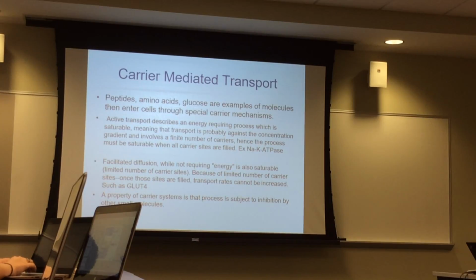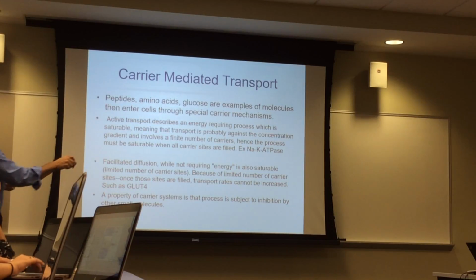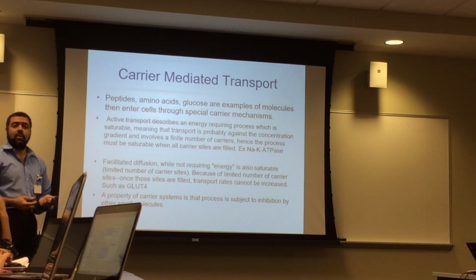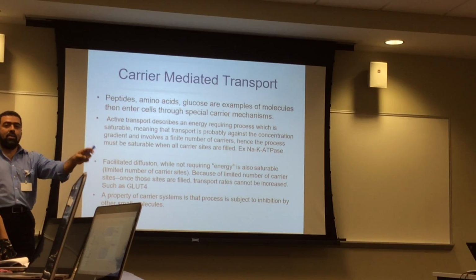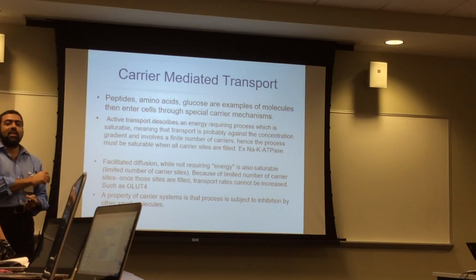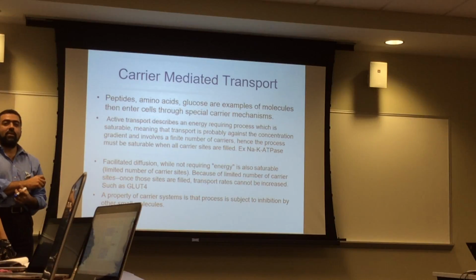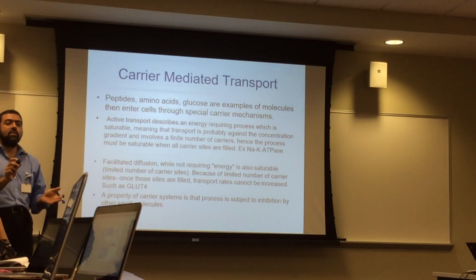So active transport describes an energy requiring process. So it requires energy. This process is also saturable, which means it depends on the number of transporters you have, and it depends on the concentration gradient. One example of that is the sodium-potassium ATPase. Do you know any drug that works on sodium-potassium ATPase? Very famous drug, very toxic drug.